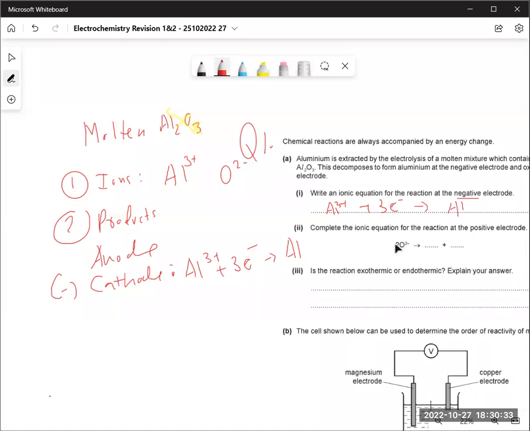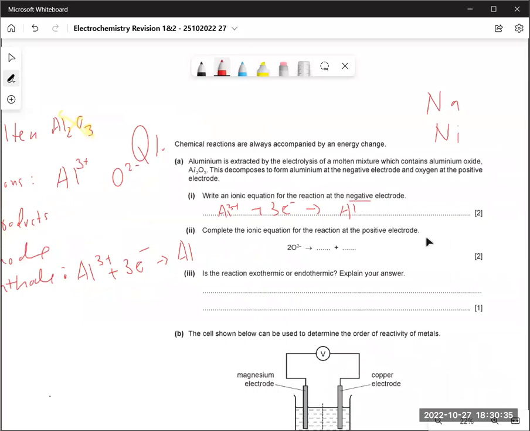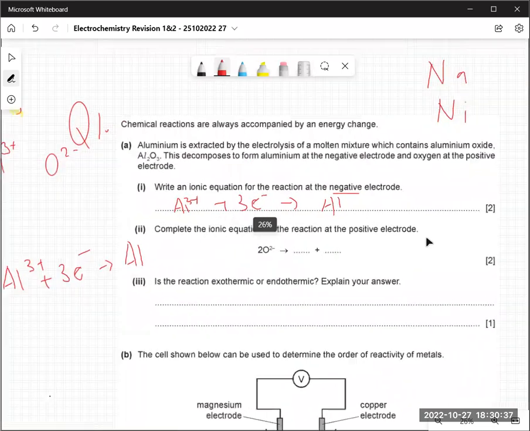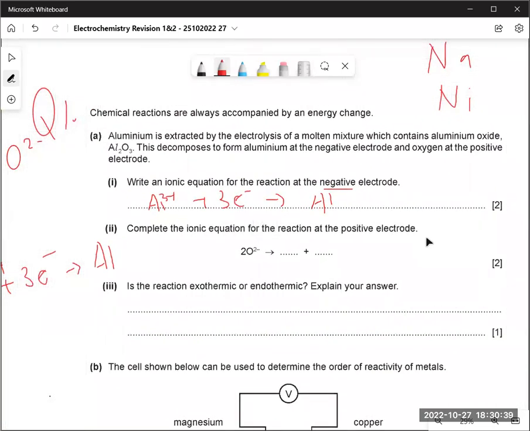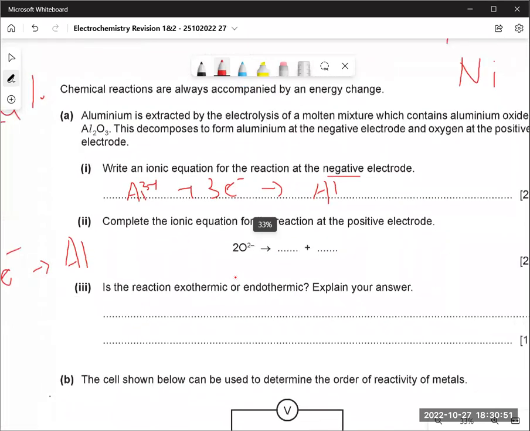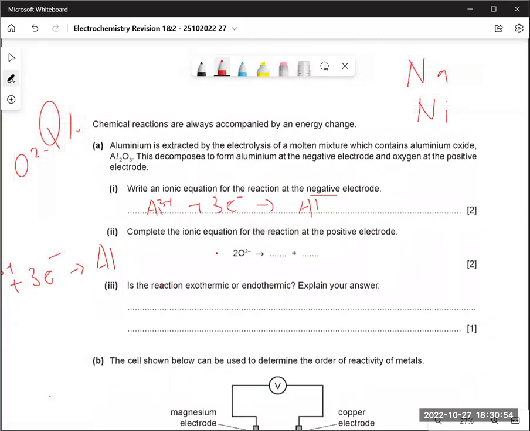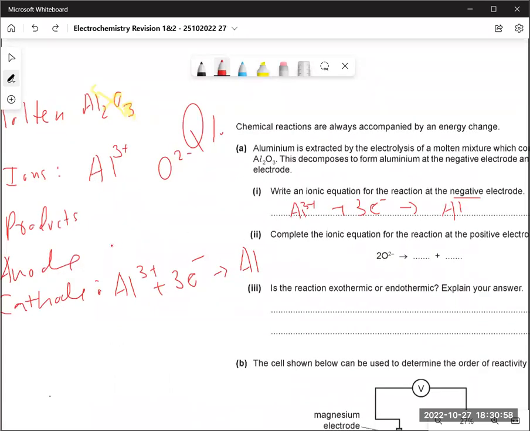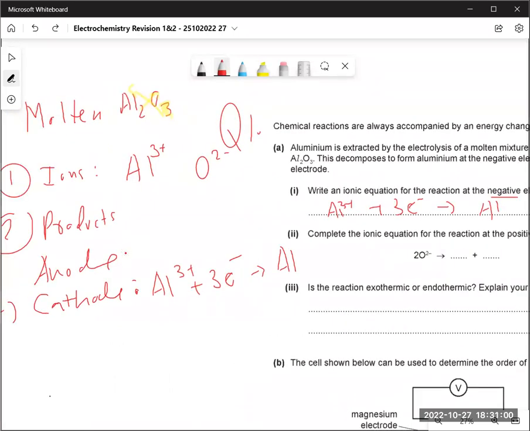Now the other one is: complete the ionic equation for the reaction at the positive electrode. This one is actually not one we know so far, but we can still try doing it. If O2- is forming at the positive electrode, what is forming at the anode?